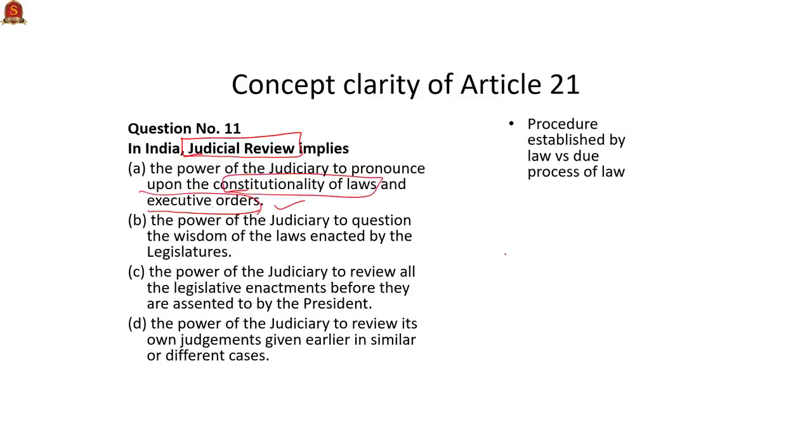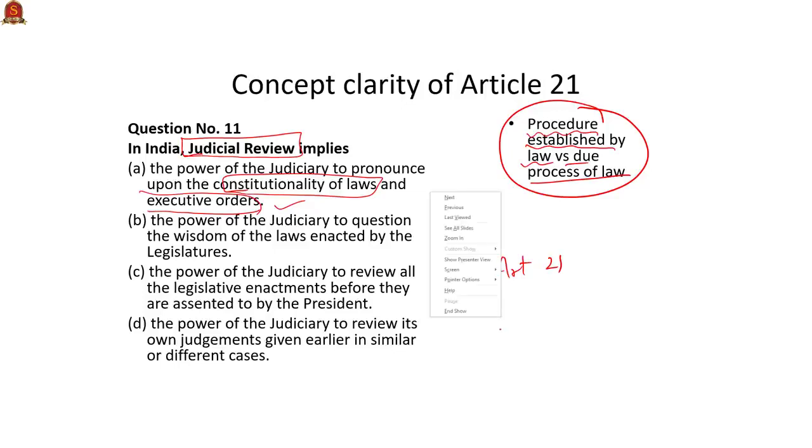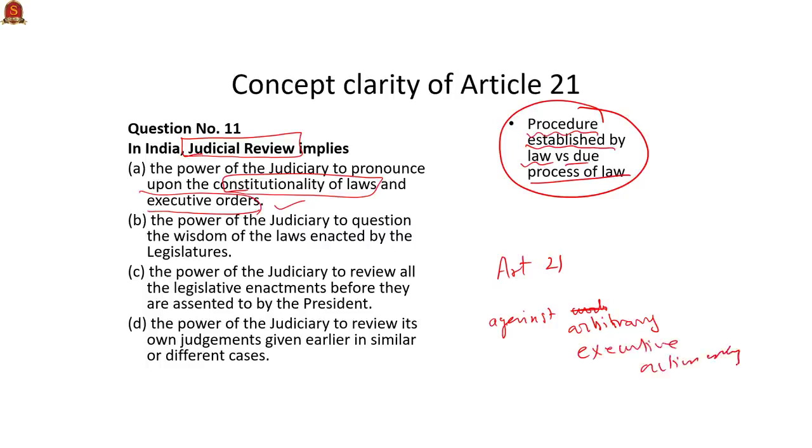One doubt that will be faced by students is, earlier Article 21 used the word procedure established by law, not due process of law. So they were using procedure established by law, meaning only arbitrary executive action. Article 21 gave protection against arbitrary executive action only, before, when they used the words procedure established by law.